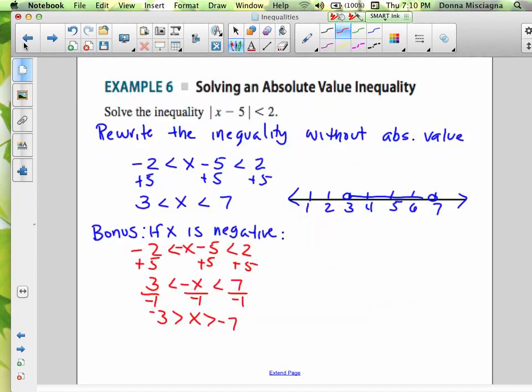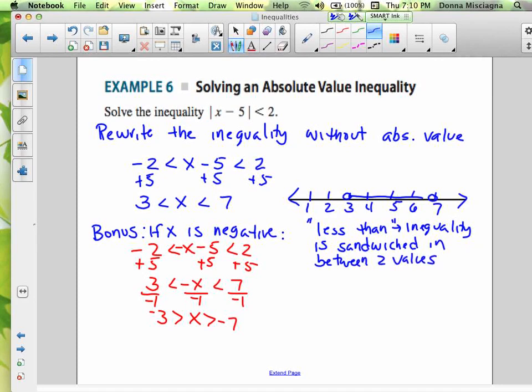If we have a less than, and either one of them could include equals to, the inequality is sandwiched in between two values. Right? And so long as you know how to set them up, these are actually pretty easy to solve.